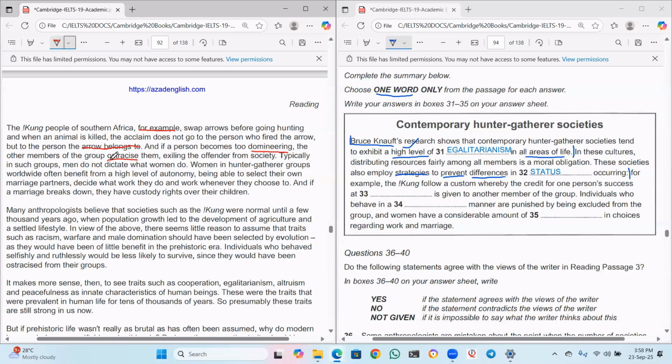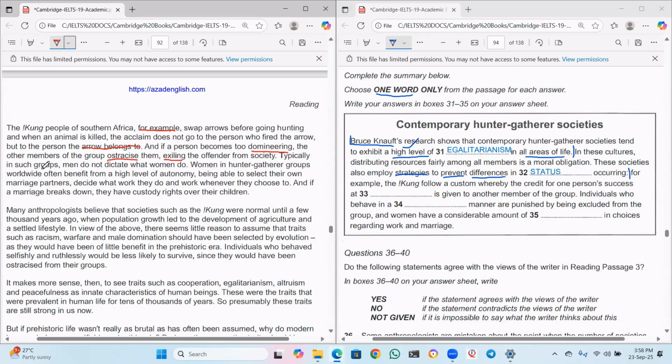Now, what do you mean by ostracize? Ostracizing means not talking to an individual in a group, okay? Not talking to him, not paying attention, avoiding a particular person in the group. That is called ostracizing them. Exiling means completely exiling him off from the group, the offender from the society itself, okay? Throwing that individual away of the society, okay?